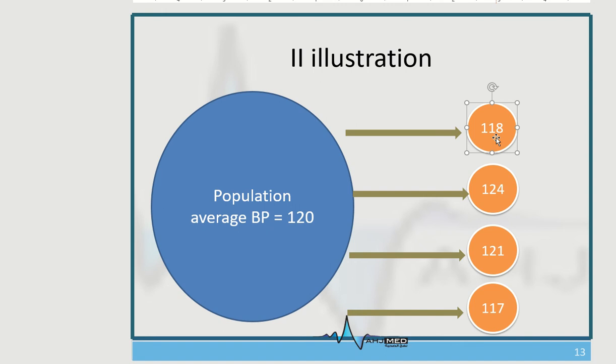I do it in the first sample, the second, the third, and the fourth. Since these are different samples coming from the same population, the estimates they generate are going to be different, but they will all be similar to 120, and therefore close to one another.